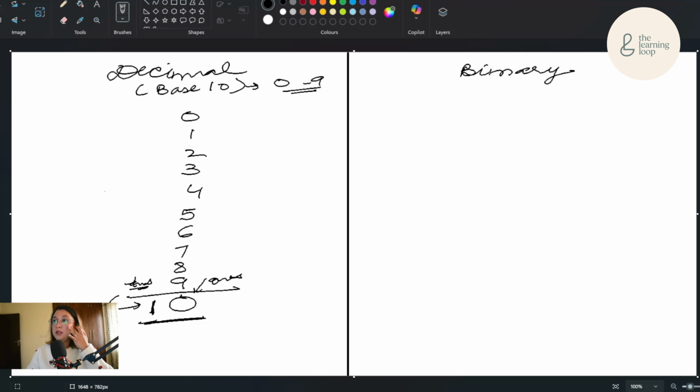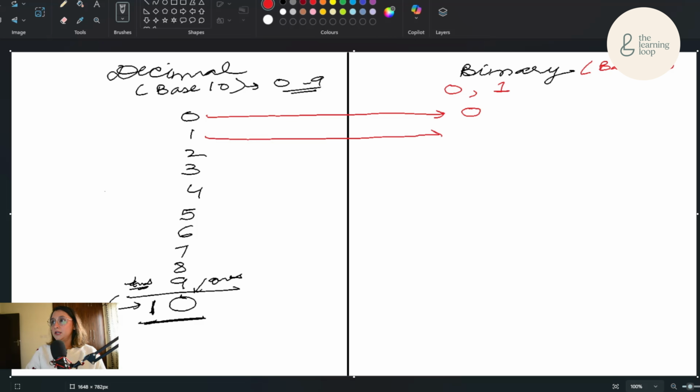In the same way, binary, as we have already discussed, is base 2, which means at maximum it can only have two digits, 0 and 1. So 0 in binary is presented as 0, and 1 is presented as 1.